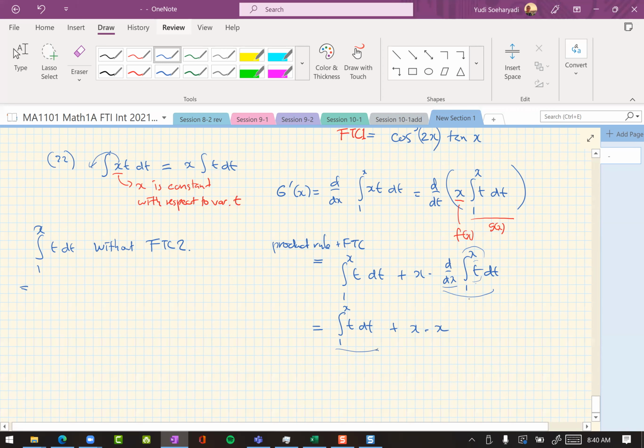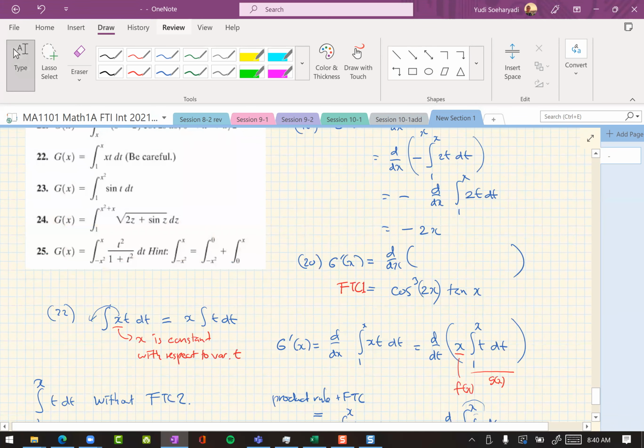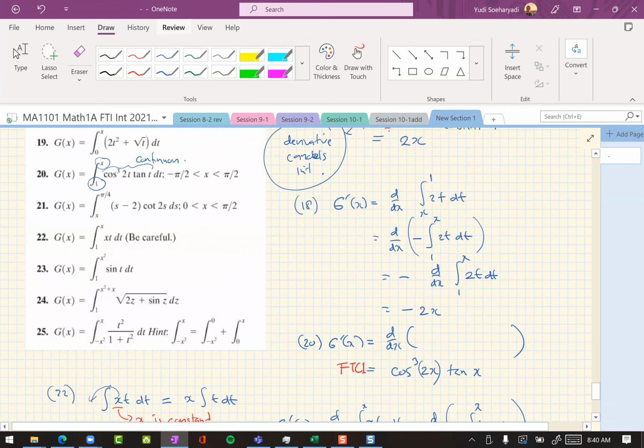So for the moment, just say this one, just x squared. Okay. What else? All right. So let's do 23.